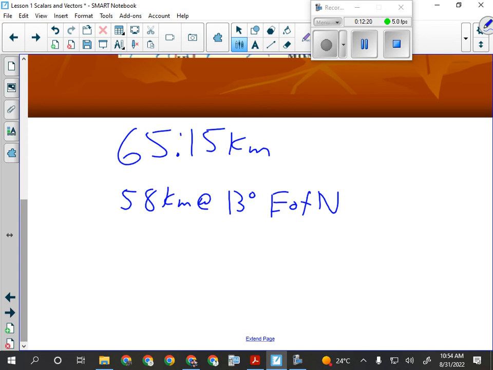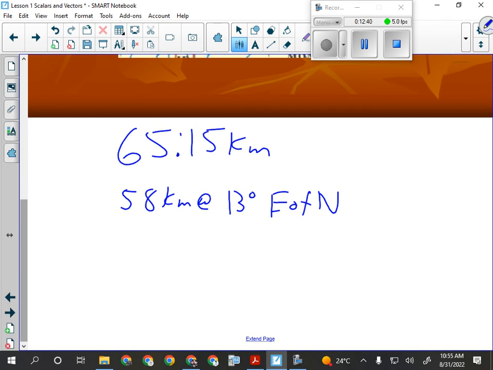It's measured to plus or minus 10 meters. This is measured to plus or minus 1,000 meters. This is only accurate to the nearest kilometer. It's somewhere between 57 and 59 kilometers.